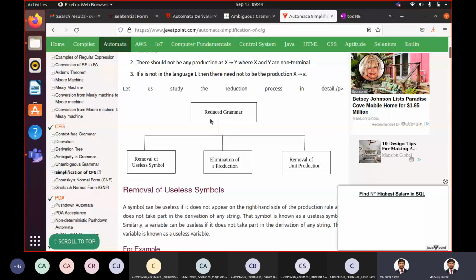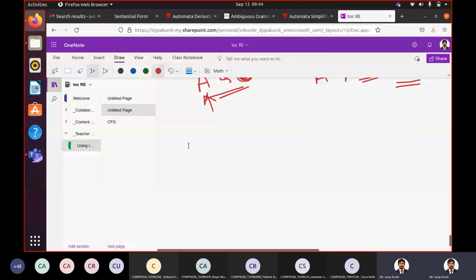So apply these steps and find the simplified grammar. But on the question, you have to apply this. Find simplified grammar.